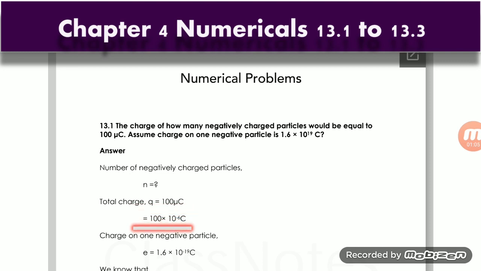There is a prefix micro, so we change it into scientific notation, and it becomes 100 multiplied by 10 raised to power minus 6 coulombs. Now the charge on one particle, denoted by e, is equal to 1.6 multiplied by 10 raised to power minus 19.